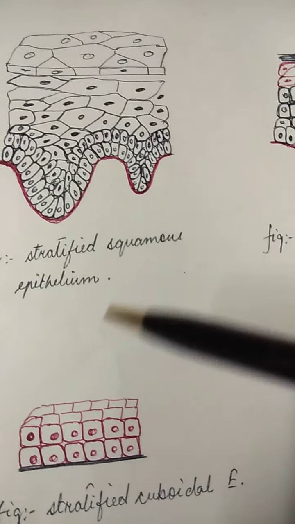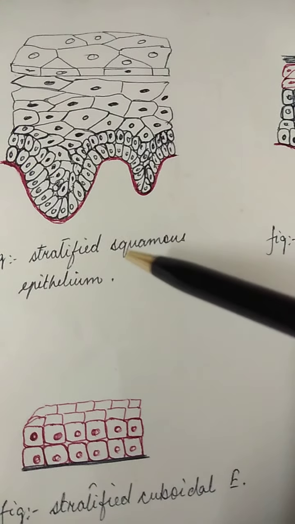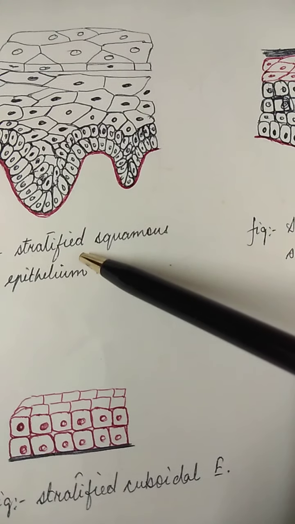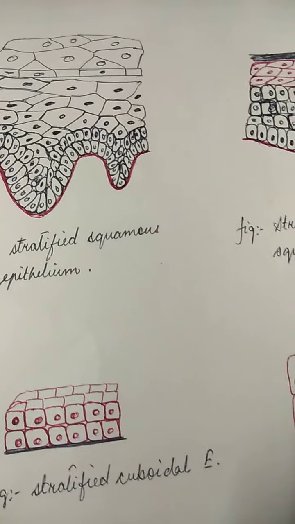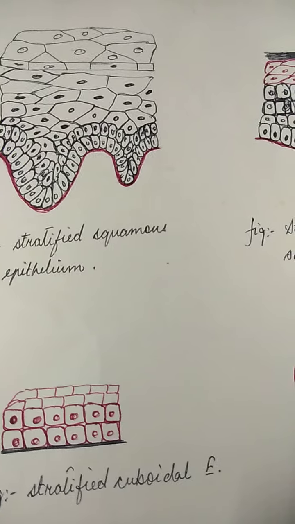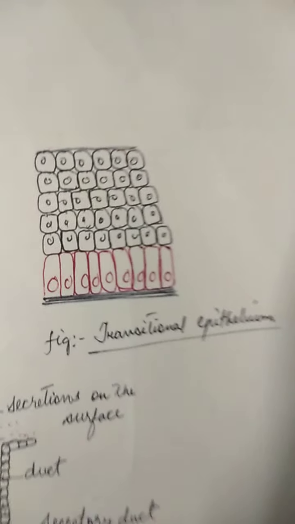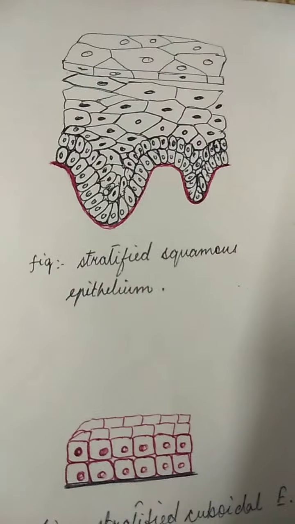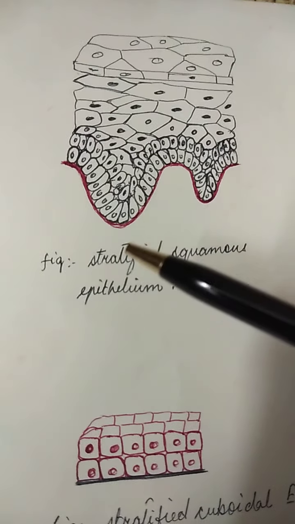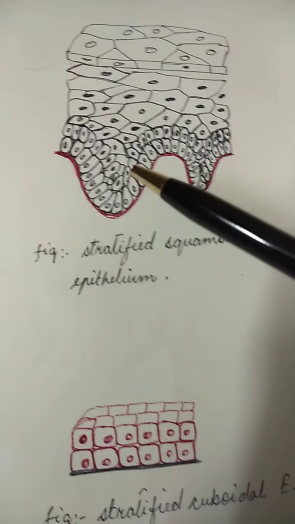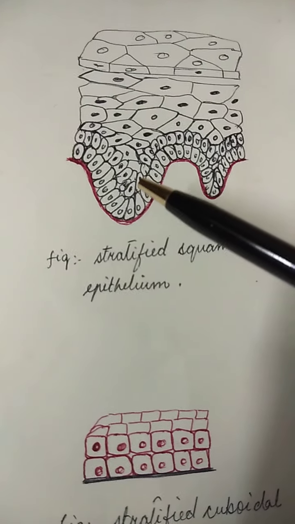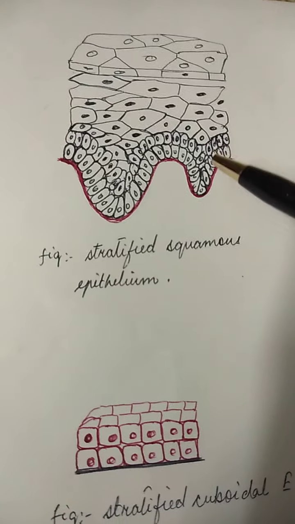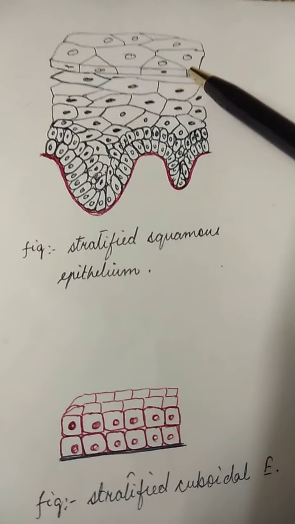Compound epithelium may further be divided as stratified epithelium and transitional epithelium. Stratified epithelium is a multi-layered epithelium and much thicker than simple epithelium. You can see from this diagram.